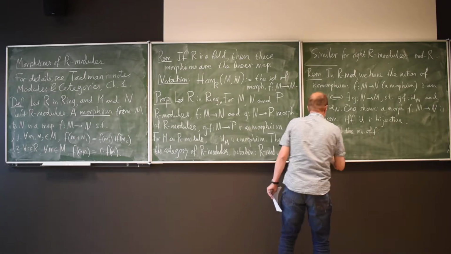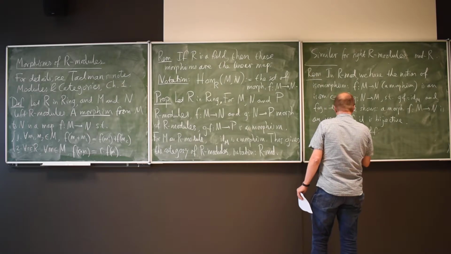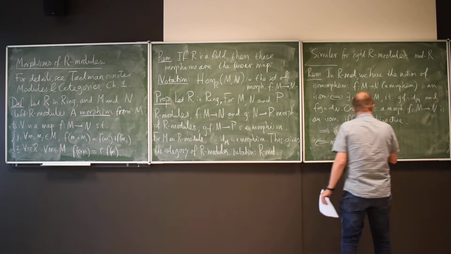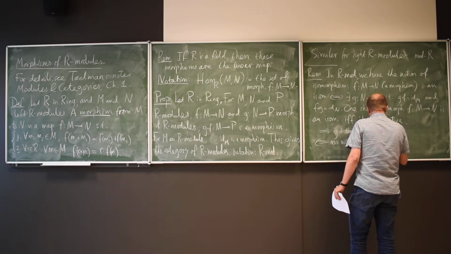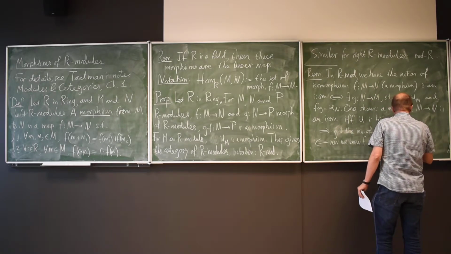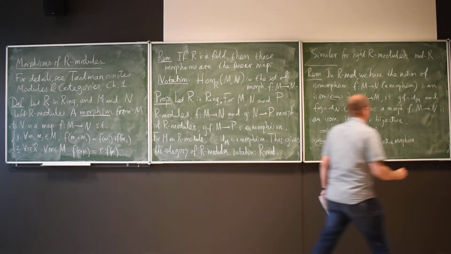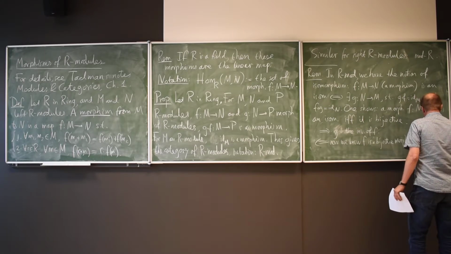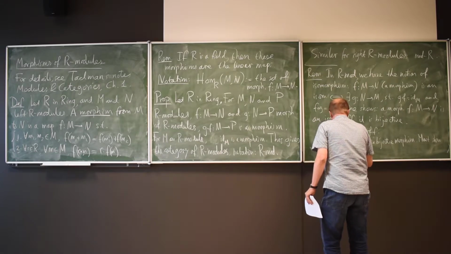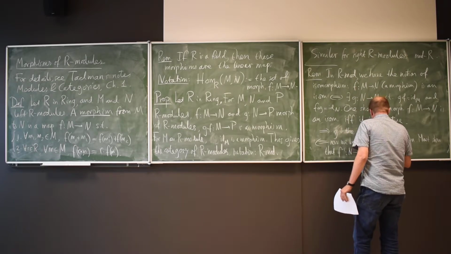And in this direction, now we know F is a bijective morphism, and you have to show that the inverse F inverse from N to M is a morphism.